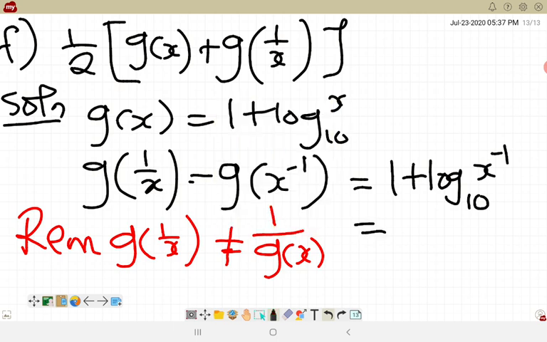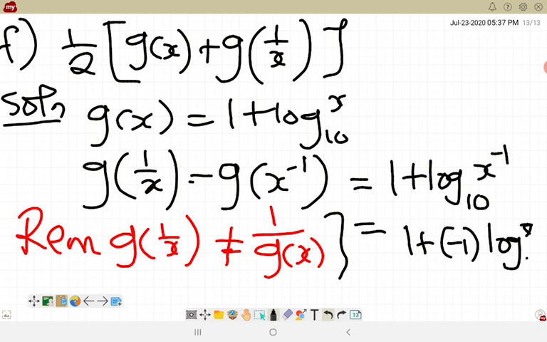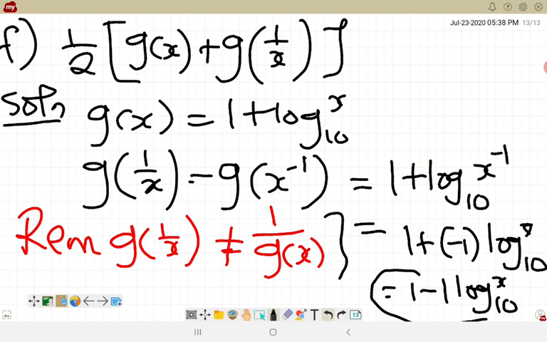This will give us 1 plus minus 1 into log x base 10, which is 1 minus 1 log x base 10. We cannot say 1 over everything, because the function is not 1 over g of x, it's 1 over x. So this is the value of g of 1 over x.